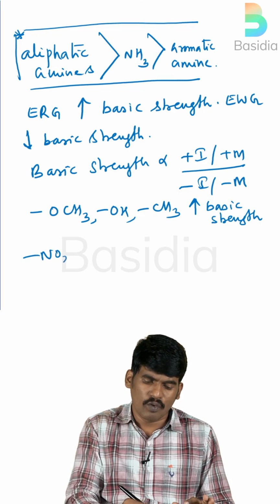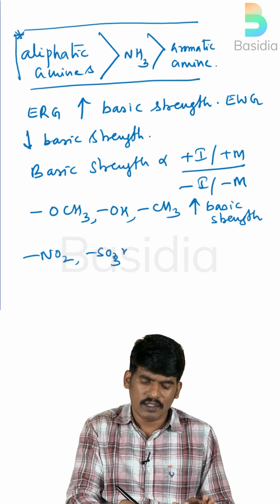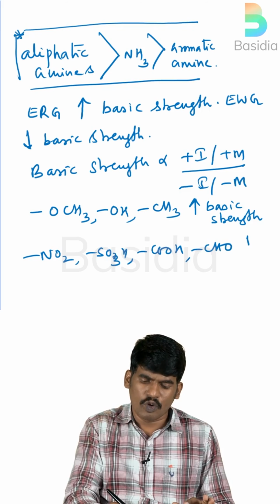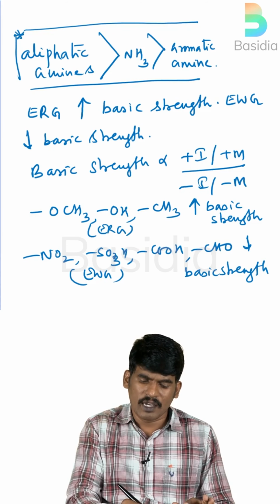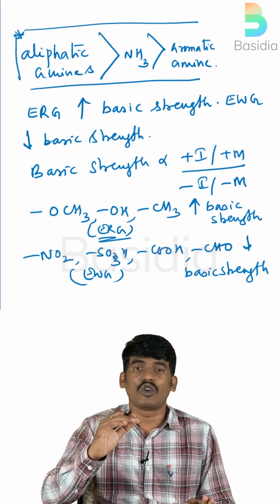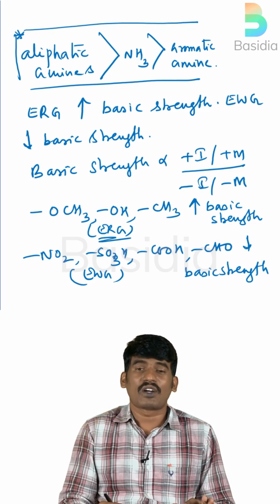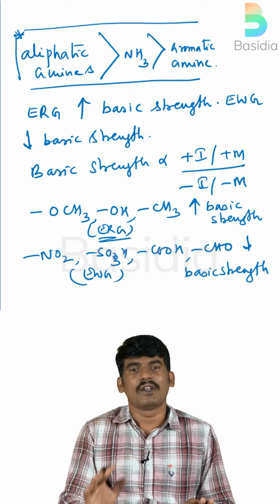But if I take NO2, SO3H, COOH, as well as CHO, these types of groups decrease the basic strength because these are EWGs, electron withdrawing groups, but those are ERGs. Electron releasing groups increase the basic strength, electron withdrawing groups decrease the basic strength.